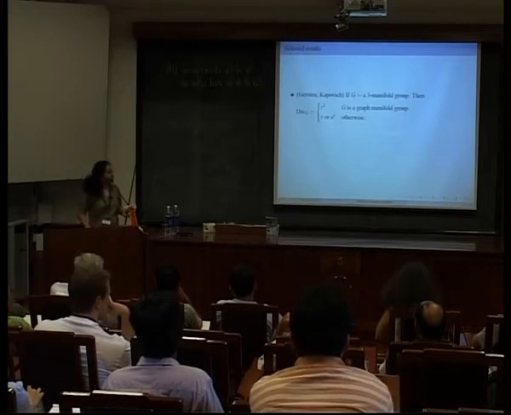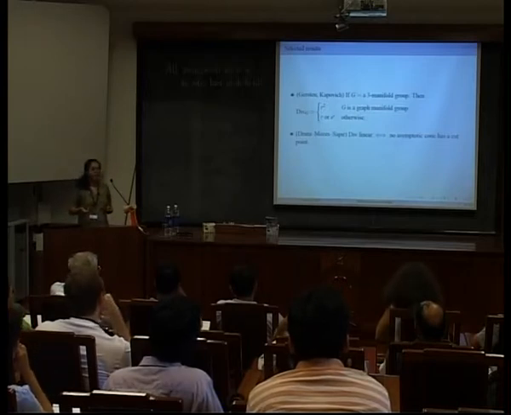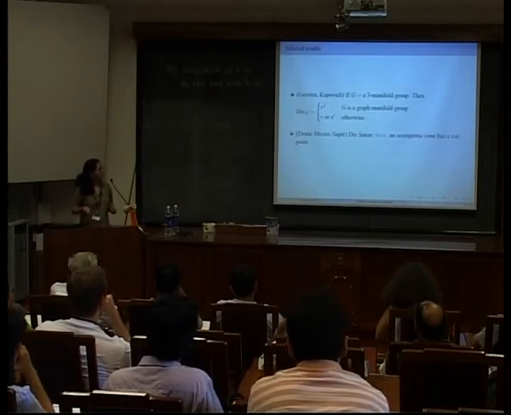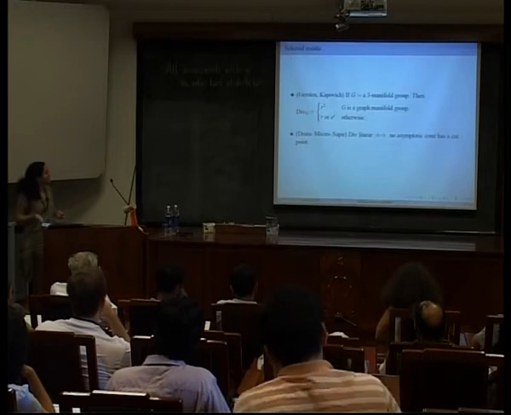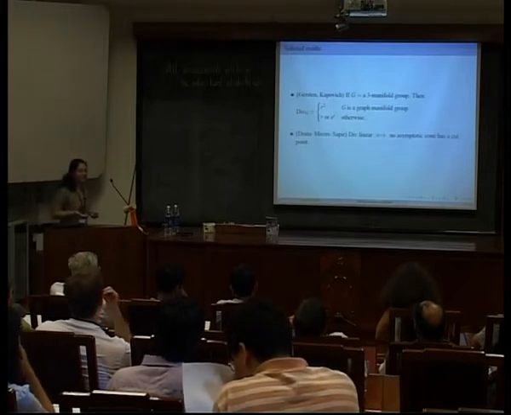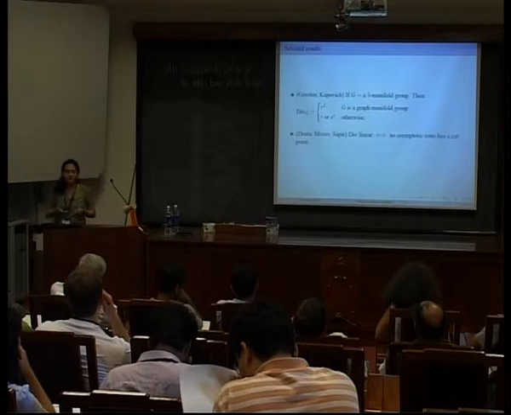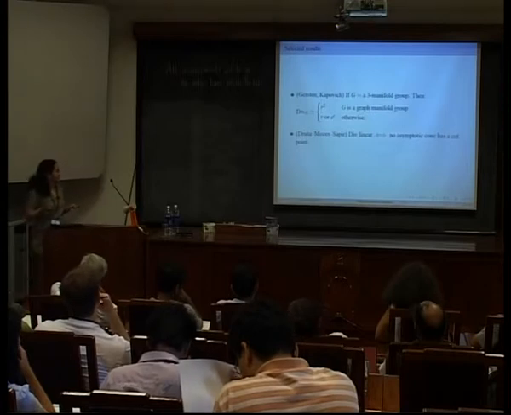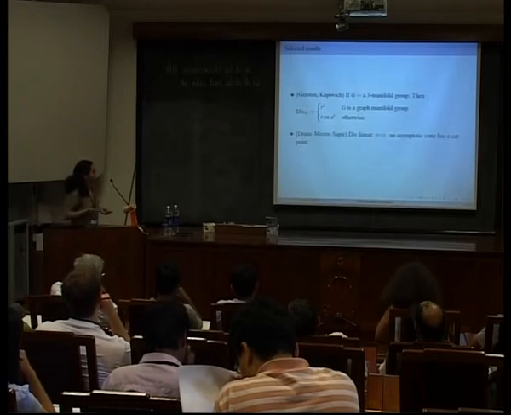And there's some other recent work by Druţu, Mozes, and Sapir, in which they characterize linear divergence. They show that a group has linear divergence if and only if no asymptotic cone has a cut point. And people were independently interested in cut points because they arise in, for example, a characterization of relatively hyperbolic groups and things like that.